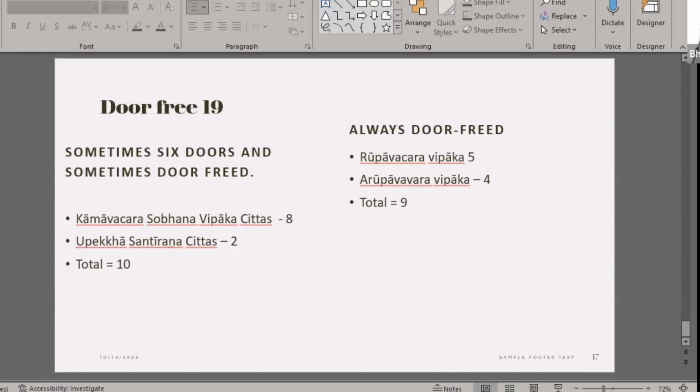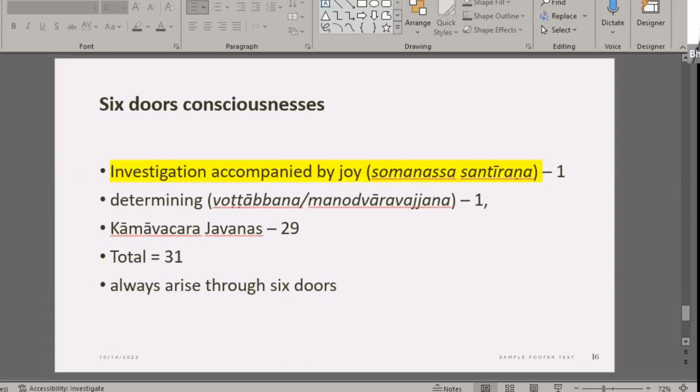For five door, 3 cittas: Pancadvara Vajjana and 2 Sampaticchana cittas. For six door, I think this is the one difficult section, so you have to pay much more attention to this. Six door consciousness: Manasa Santirana, Uttabbana or Manodvara Vajjana, and 29 Kamajavana.